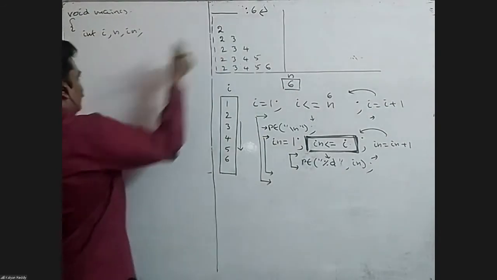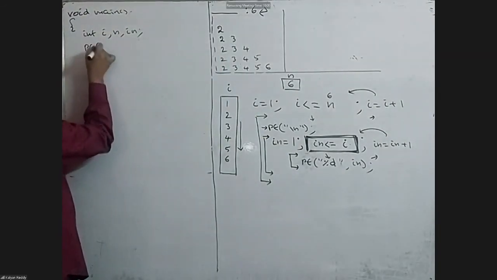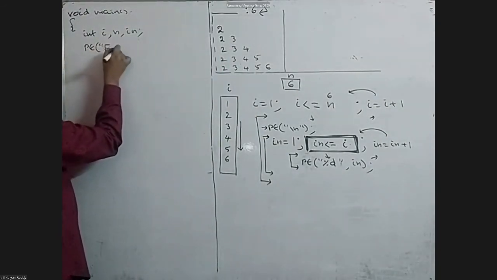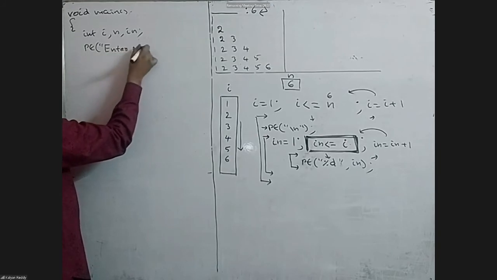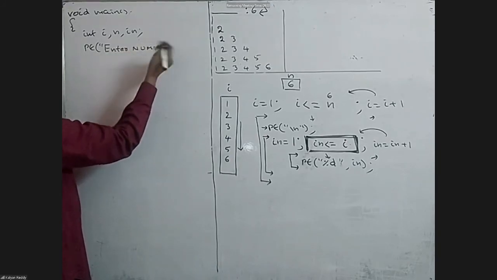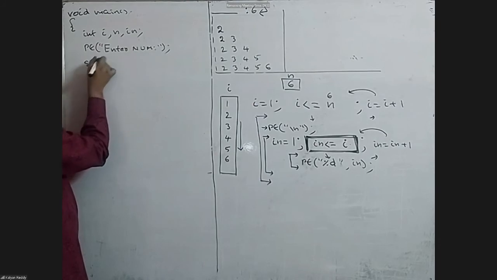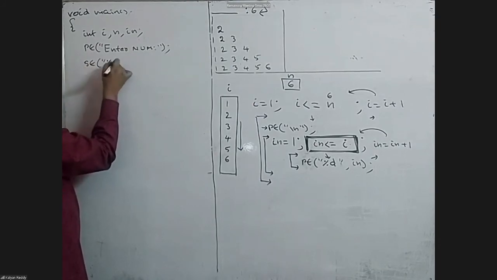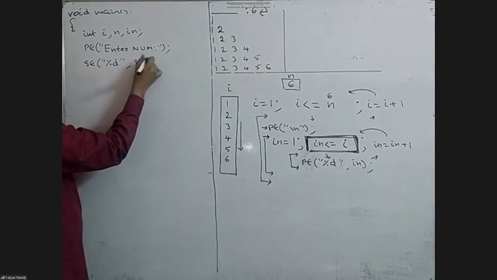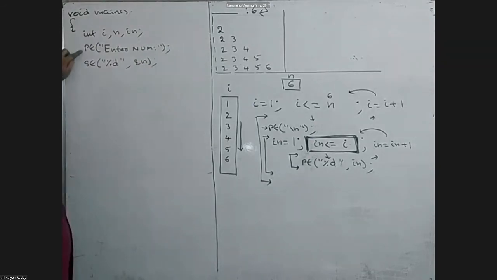Run the program, message: enter number. Printf message enter number, or enter integer, or enter value, anything. Next scanf percentage d. Be careful with this ampersand symbol. I have written pf as printf and sf as scanf.